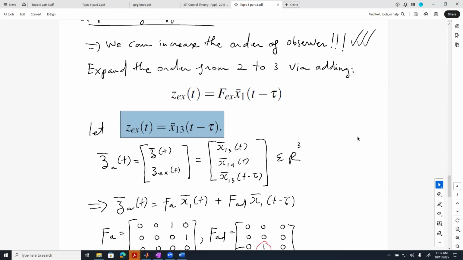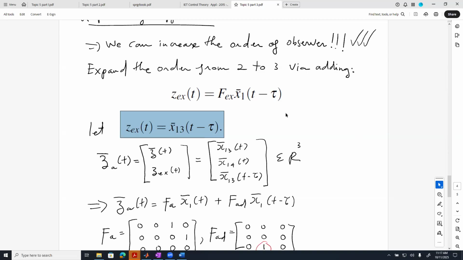Now you might be asking, wow, is it a random pick? The answer will be further explained later on. But at the moment, let's say that we're going to add in an additional functional, and that additional functional is now a delayed stack variable x3.